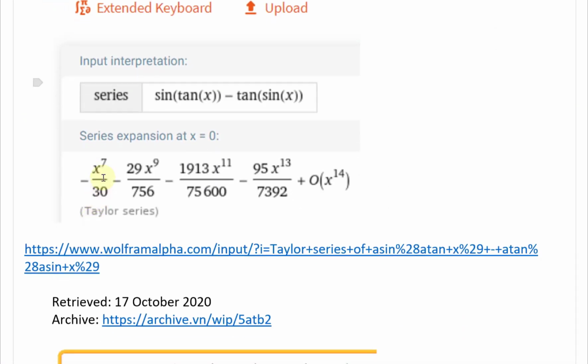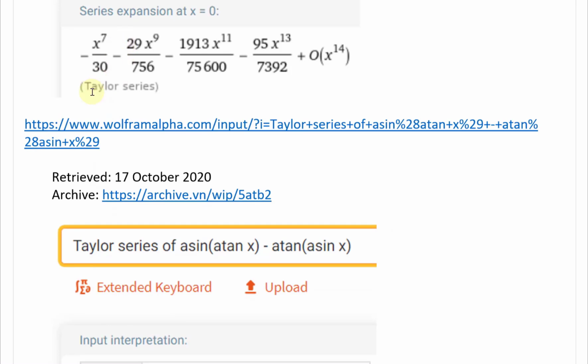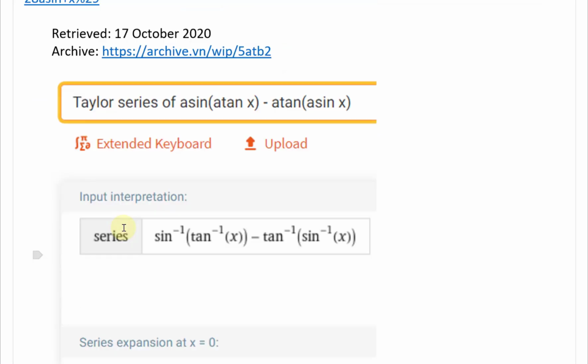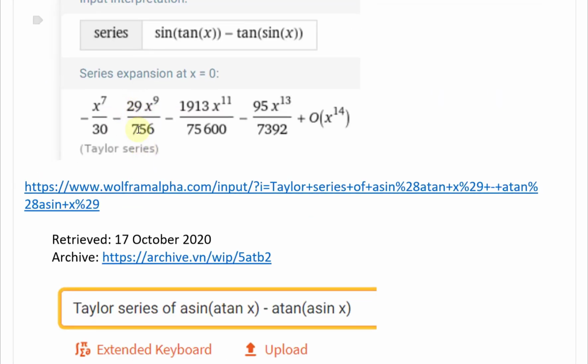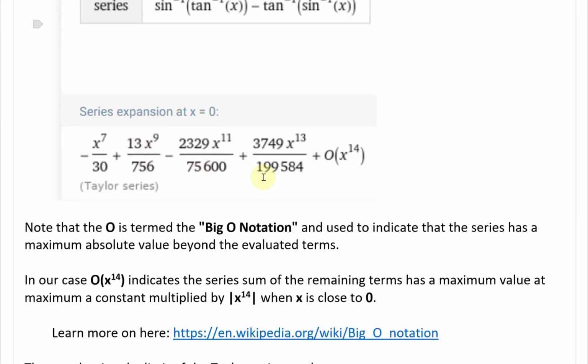And then the next one's a bit different. The denominators are all the same, 756. The tops are different except the first term. And then we get a plus 13x^9 divided by 756, and then minus, plus, minus. This is going to be alternating. There's also going to be a plus O(x^14).